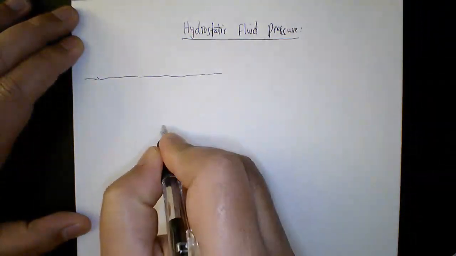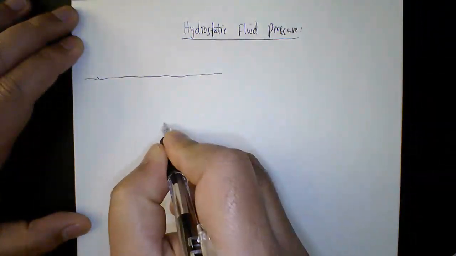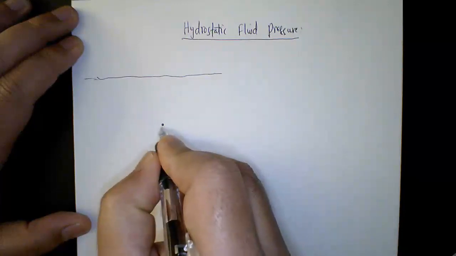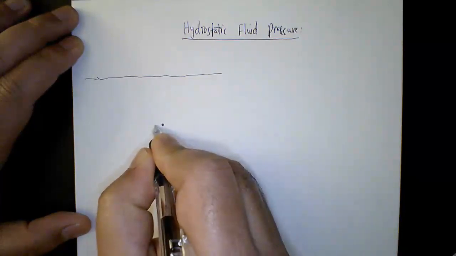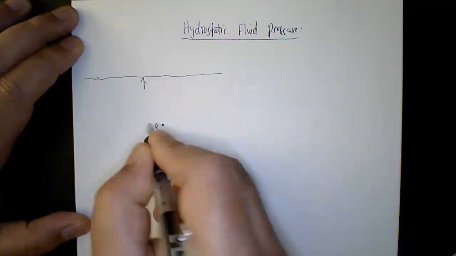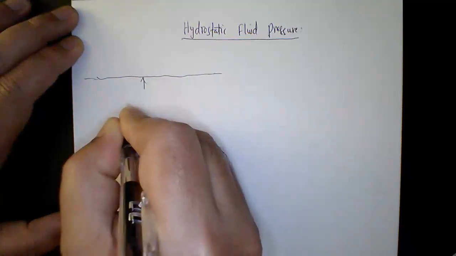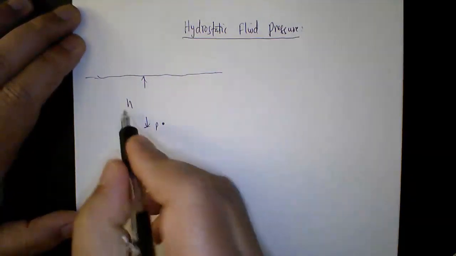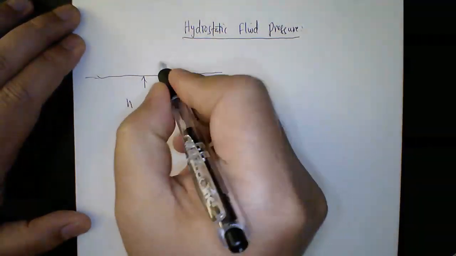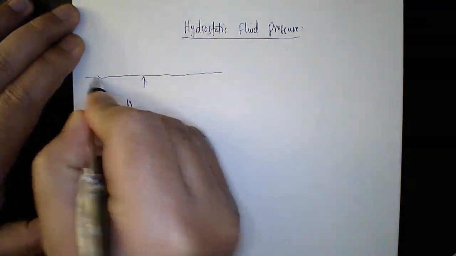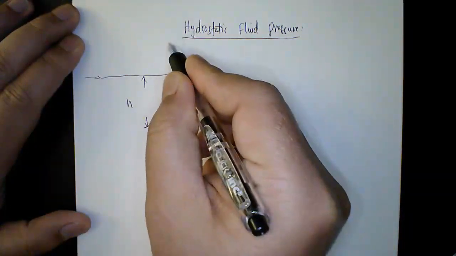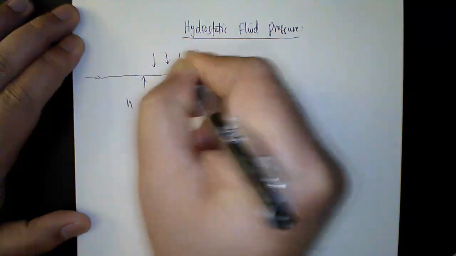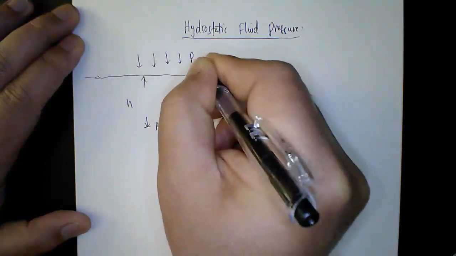For example, we'd like to find the water pressure at some point, say point P, and this point P is at a given depth, let's say H. Remember, this water surface is still open to the atmosphere, so on the top you have one atmospheric pressure, which we call P0.